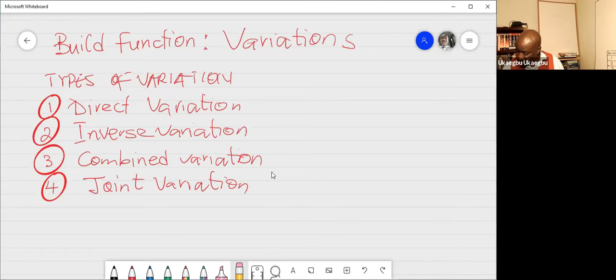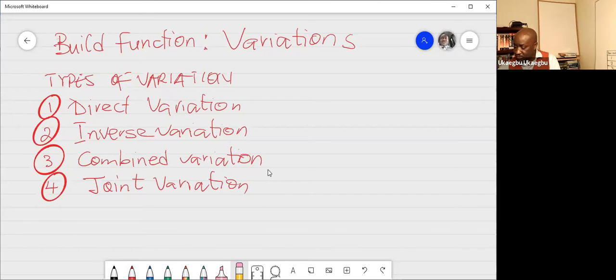So on this first one, in today's class, I will only give you just a slightly different layer of it. It is still a direct variation, but slightly different from the one you saw last class. Okay?